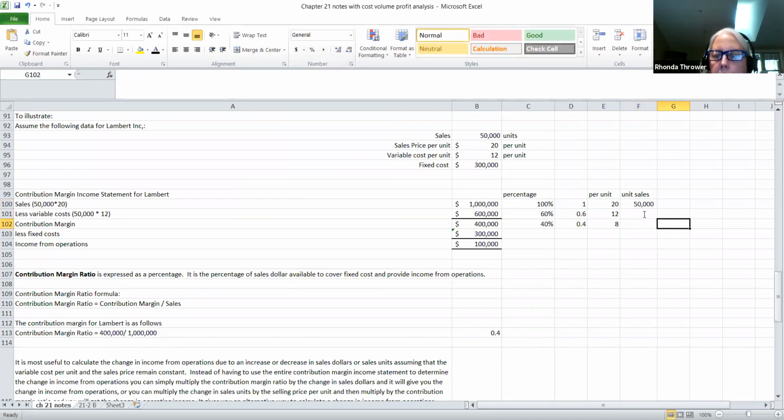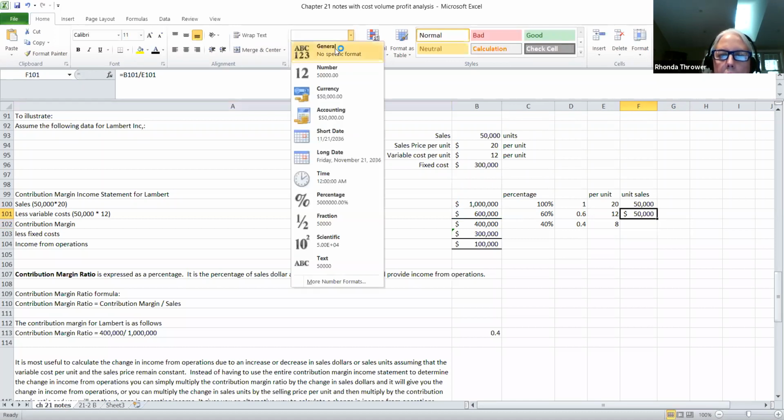If I do the same thing here, if I create a formula and take the variable cost total and divide it by my variable cost per unit, it should also give me 50,000 units.